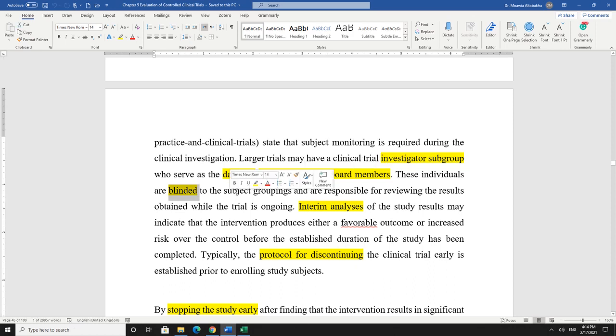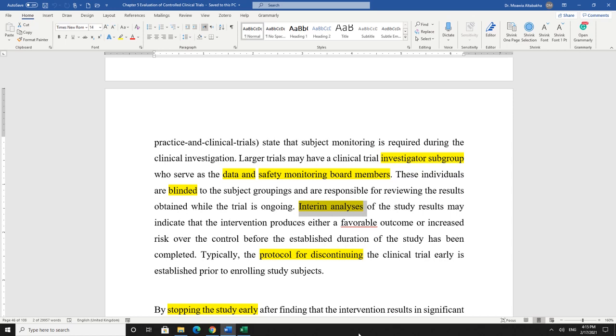So they have to collect the data maybe after every 3 months or every month, depending on, as I told you, the objective of the clinical trial and the endpoints they are trying to measure. So this subgroup committee will do interim analysis. Every period of time they will collect whatever data is there and they will do analysis.